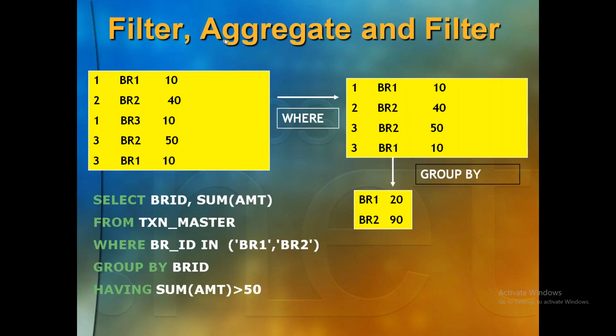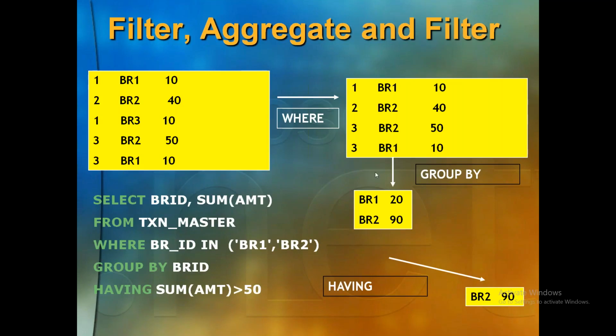Group by and aggregation. But I don't need all this data. I'm saying having sum of amount greater than 50. The having clause is applied after aggregation. If the sum of amount is greater than 50, show me. So the final result is branch BR2. This is one filter and this is one filter. In between you have group by and aggregation.